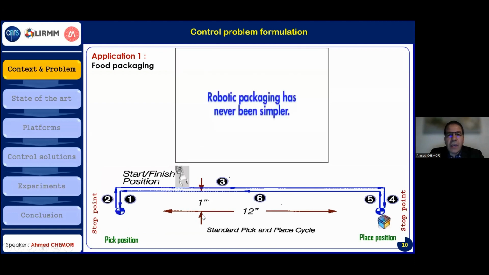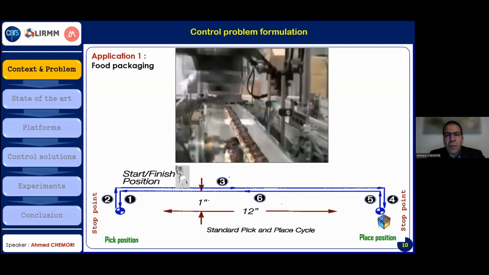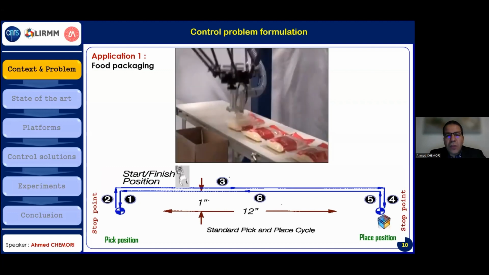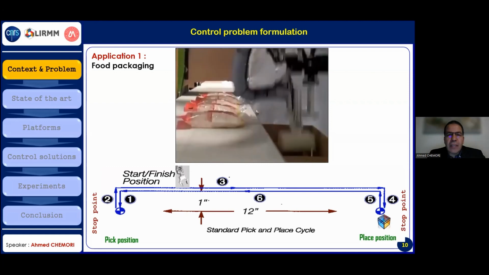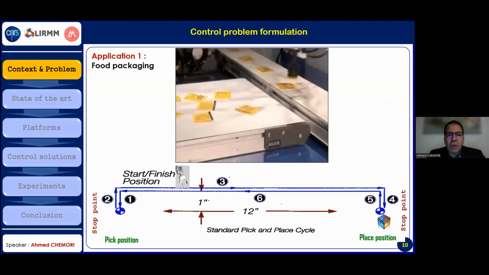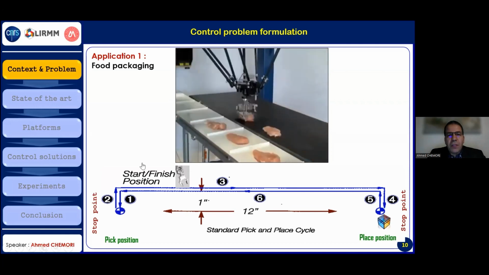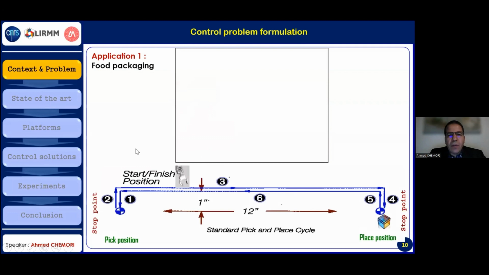If we want to reduce the cycle time, we want to increase the number of picks per minute. To do this, we have to increase the speed and the acceleration of the motion of the end effector. However, we have a big problem because of mechanical vibrations.